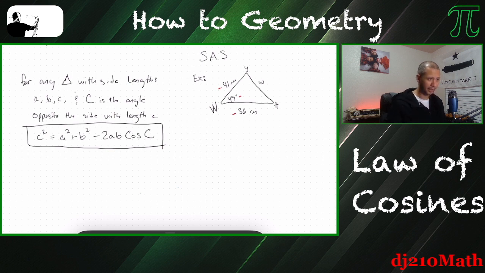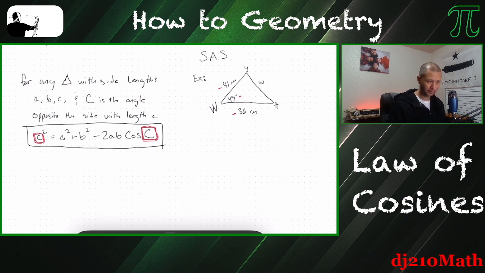I do want to note that in this particular equation, you need to know two of the sides, if not three of the sides, because you're typically going to be solving for either little c, and you must know big C. Well, technically, you need to know the other two sides and big C, but the way that I remember this is that the side that I'm looking for has to be across from the angle that I know.